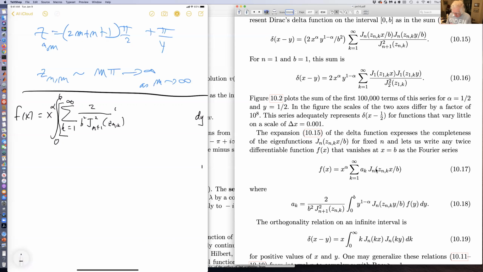And then we have a y to the 1 minus alpha, a J_n of z_n comma k over b y. And then I'm going to grab the J_n of z_nk x over b.